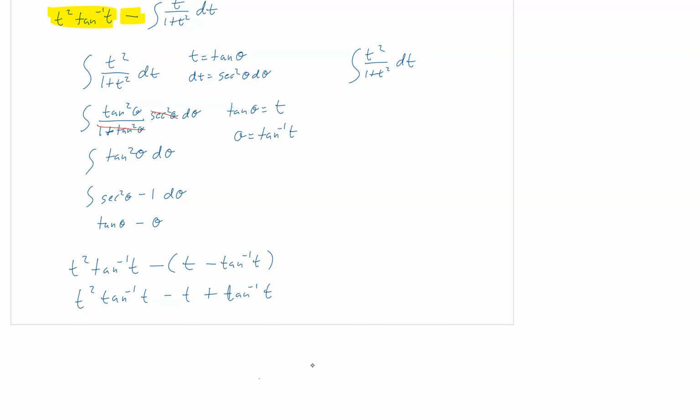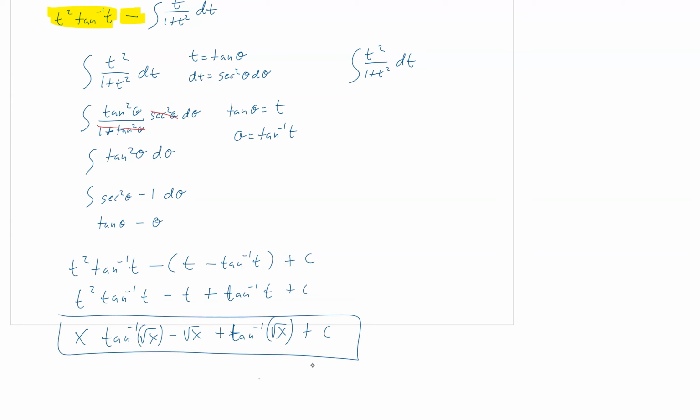So we just replace the t with radical x. So that would just become x radical x minus radical x plus inverse tangent radical x. And there we go. Oh, plus c. Got that constant. All right, so that was one way of doing it.